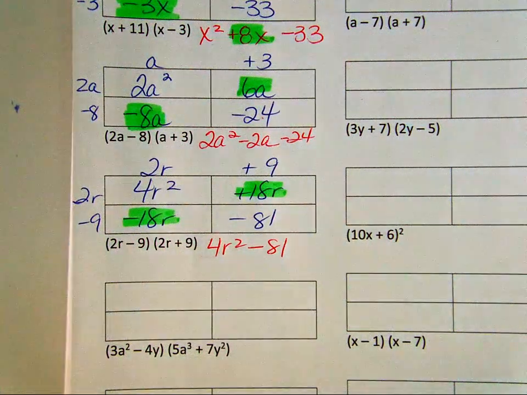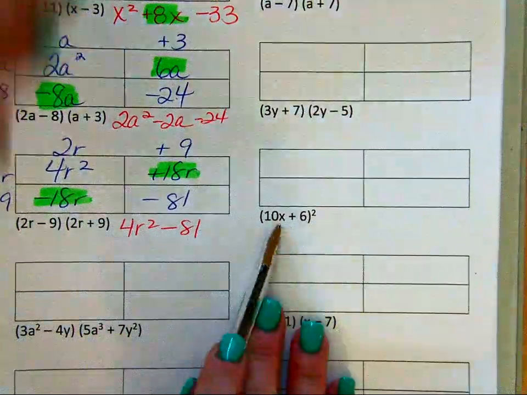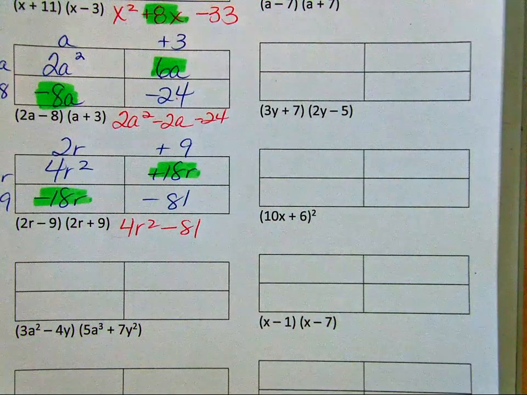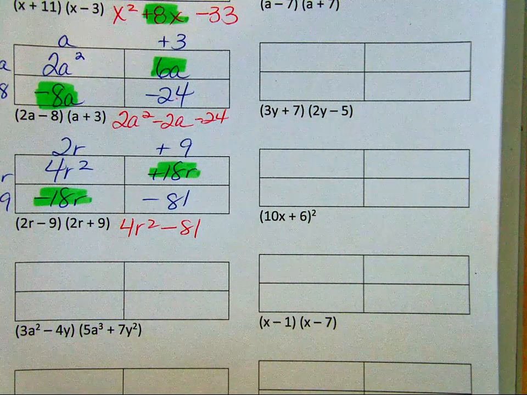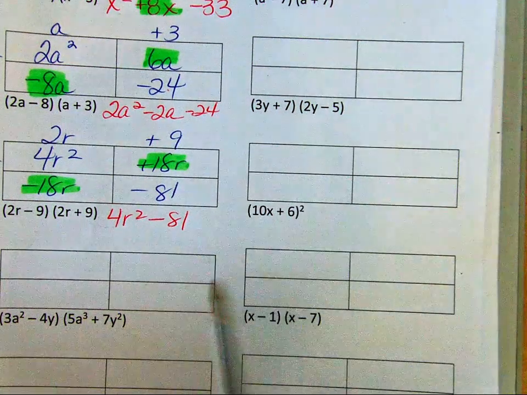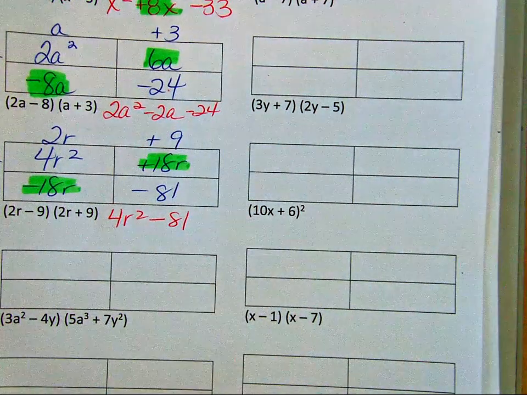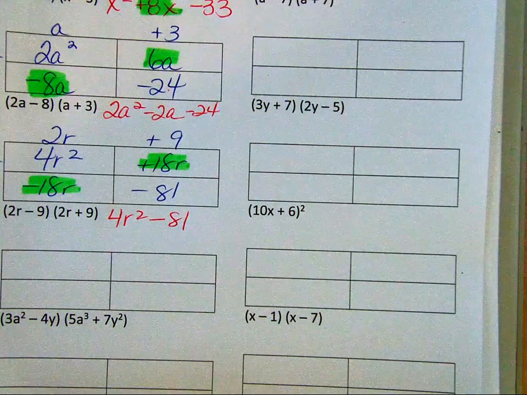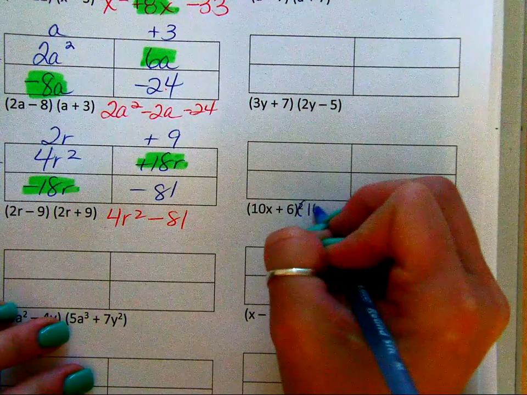The last thing I'm going to show you is this one. I want you to think about, what does that mean? What does anything squared mean? Times itself. So what do I fill in my spots? I use that twice. All that (10x plus 6) squared is, it means 10x plus 6 times another 10x plus 6.